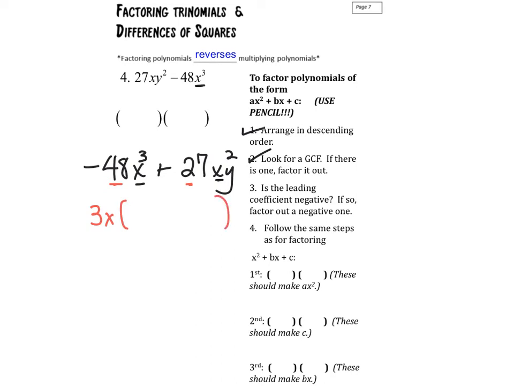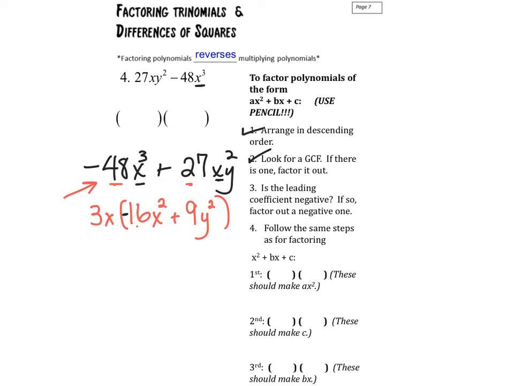So here I get 16x squared, because 3 times 16 will definitely give me 48. And that reminds me that I need a negative. So 3x times something will give me 27xy squared. So I know that's going to be 9, because 3 times 9 is 27, x, and then this is y squared. Check it off.